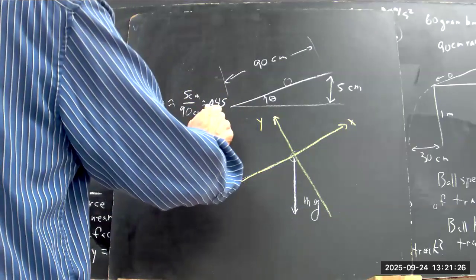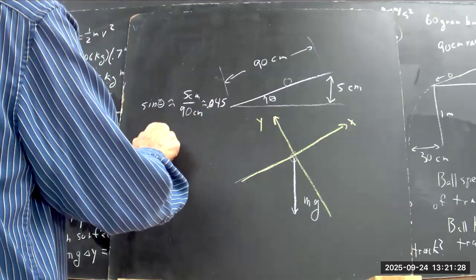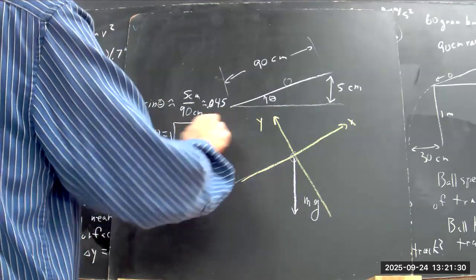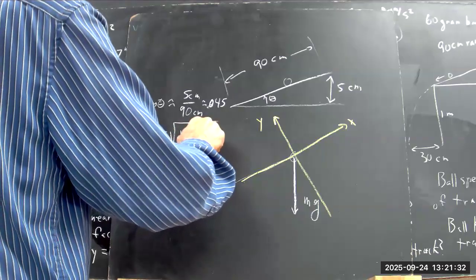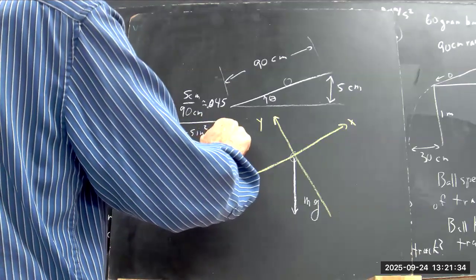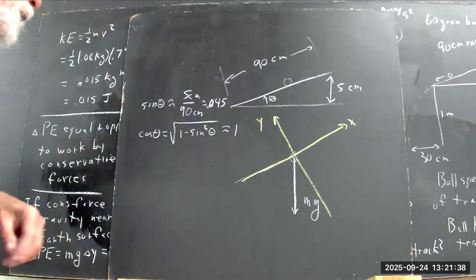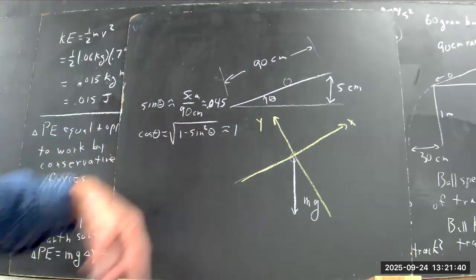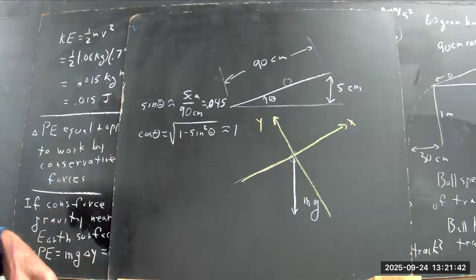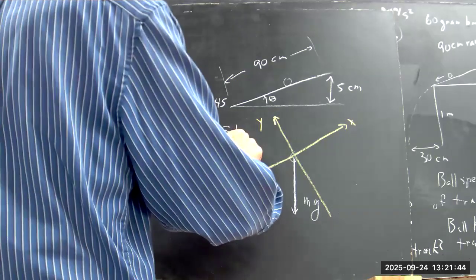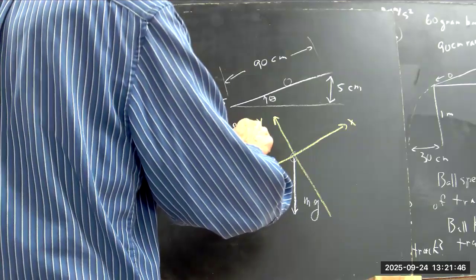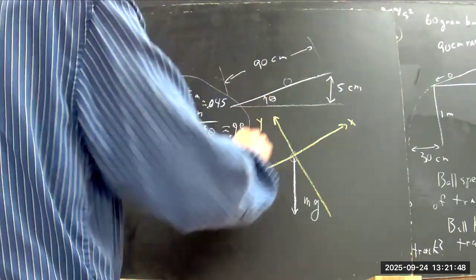Okay. And the cosine of theta is pretty darn close to 1, because by the time you square that, you get 0.02. And actually, that's going to then be very close to 0.99. So if you want 0.99, okay.